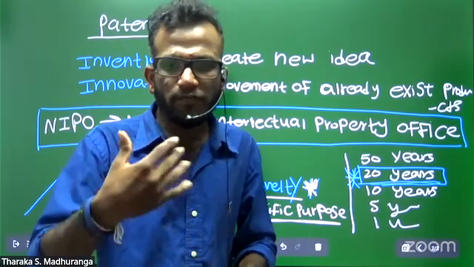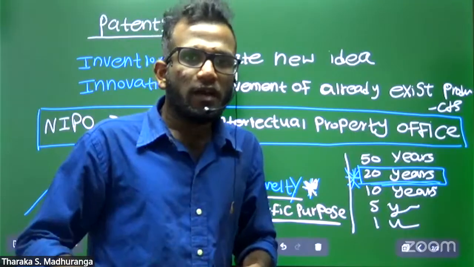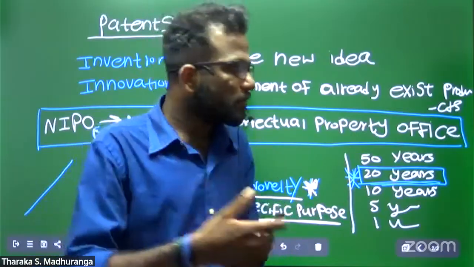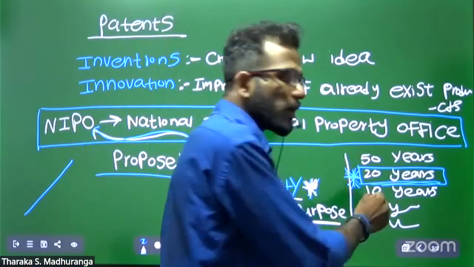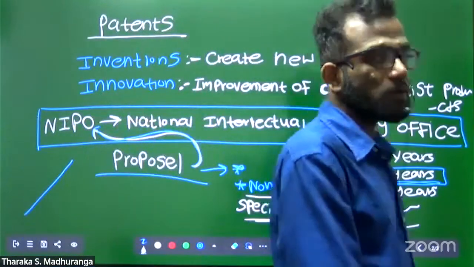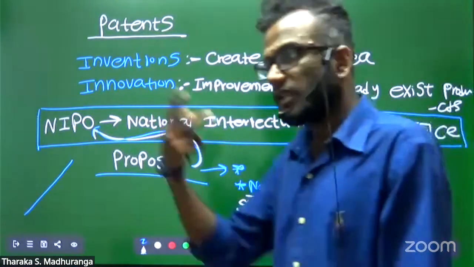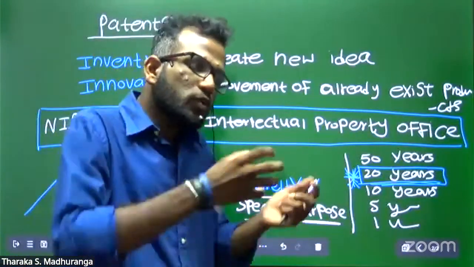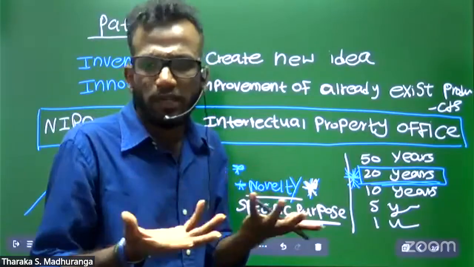If they have a lifetime period, they will not try to produce new things again. Therefore, if it expires in 20 years, then they try to produce new innovations again and again. That's another reason. The main thing is technological improvements, and after 20 years, this product doesn't have any novelty.